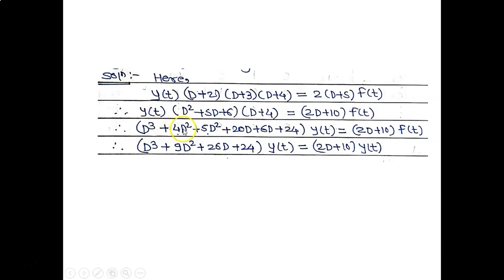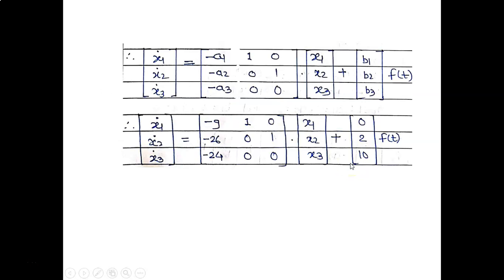Therefore (D cube plus 4D square plus 5D square plus 20D plus 6D plus 24) into y(t) is equal to (2D plus 10) into f(t). Therefore (D cube plus 9D square plus 26D plus 24) into y(t) is equal to (2D plus 10) into f(t).